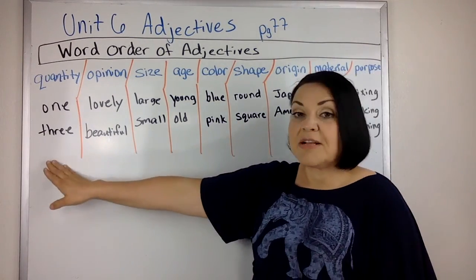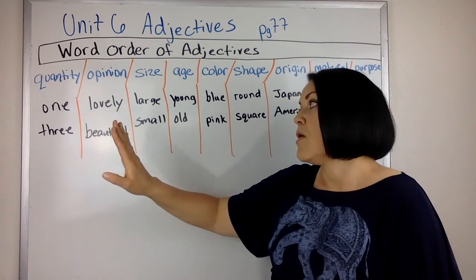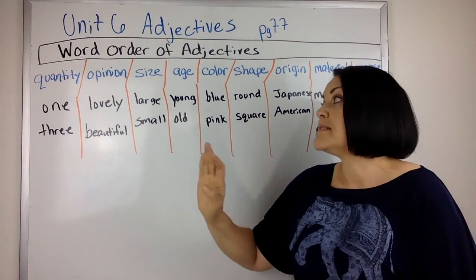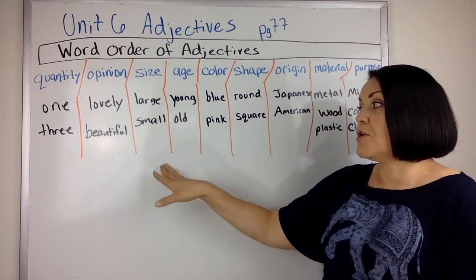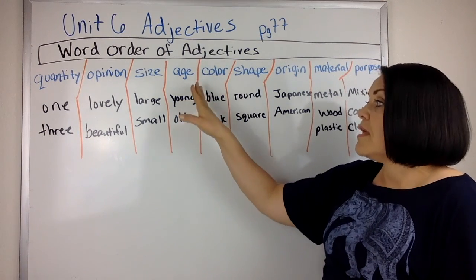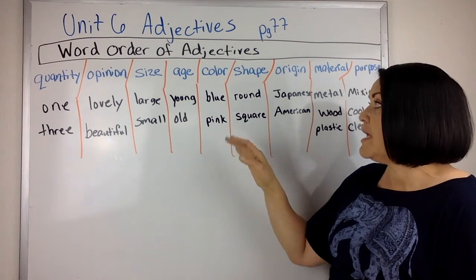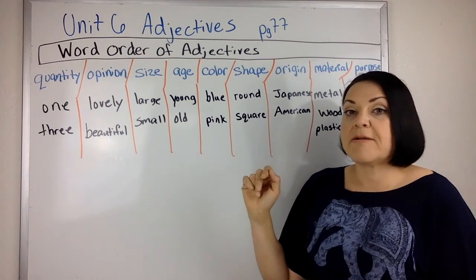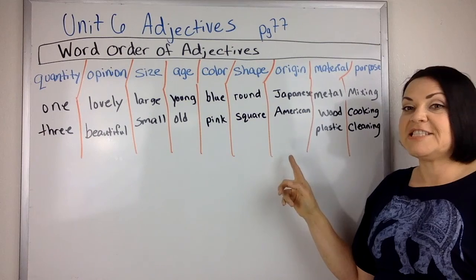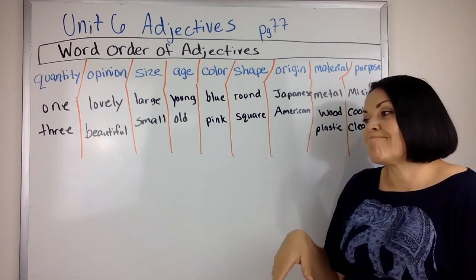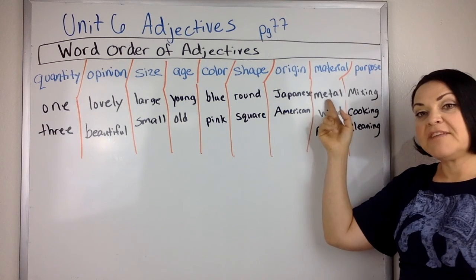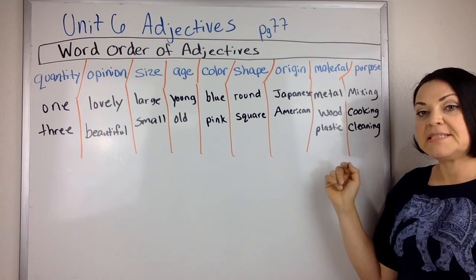So it would be quantity, like number, opinion, like beautiful or lovely, size would be large or small, age, young or old, color, blue or pink, shape, round or square, origin would be like Japanese, American, Chinese, British, material, what it's made of, is it metal, wood, or plastic?